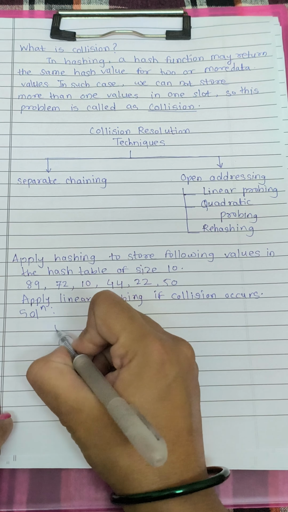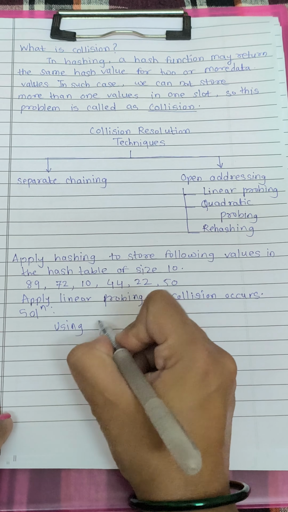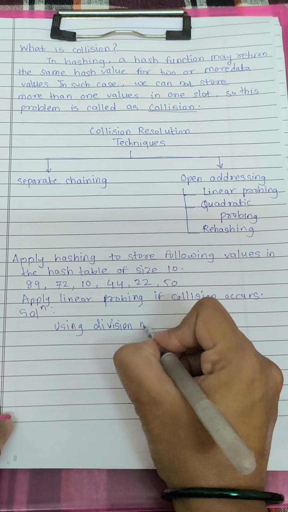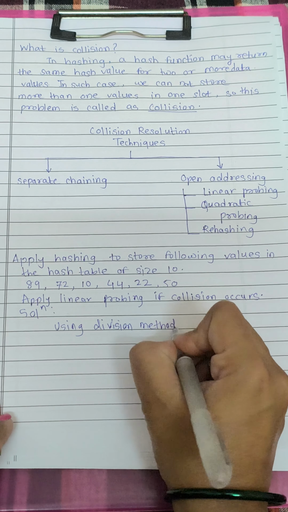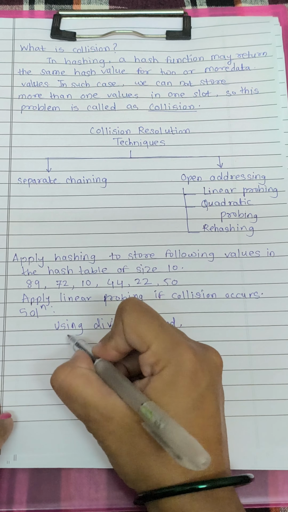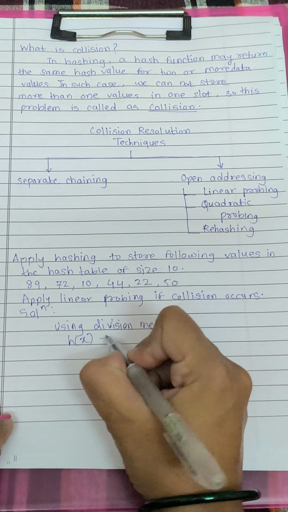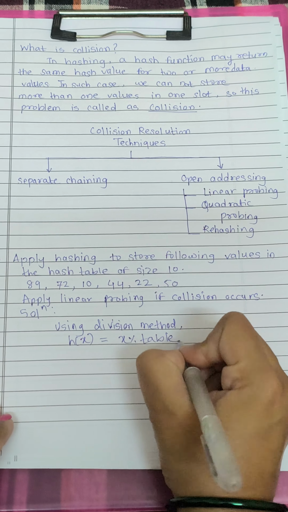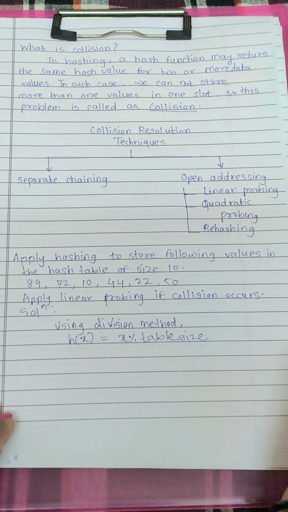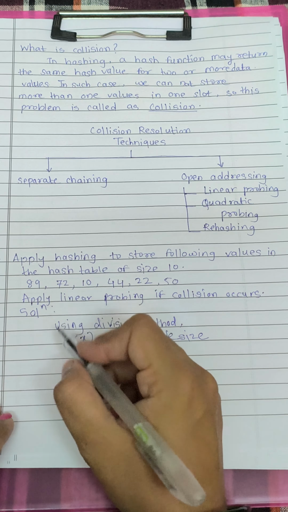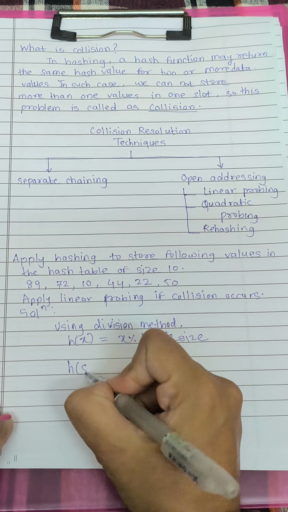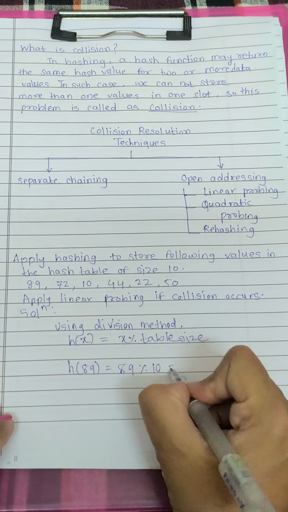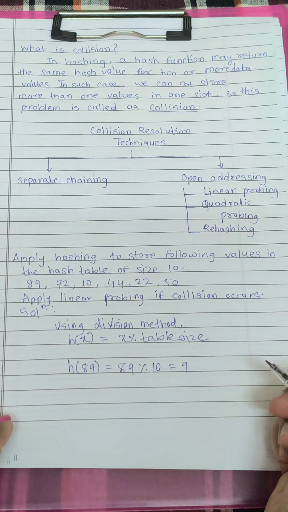First, we will use our hash function, which is the division method. Using the division method, I need to write the formula h of x equal to x mod table size. Now I start with my first value. h of 89 is 89 mod 10, which gives index 9.